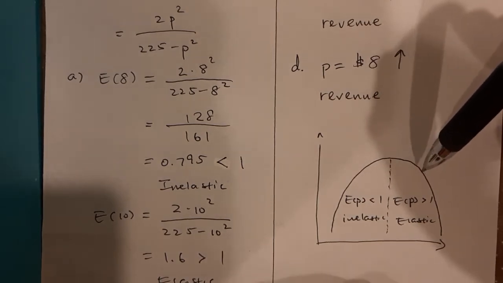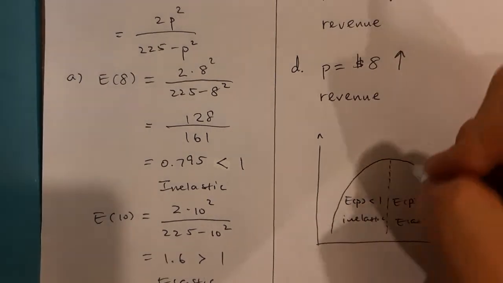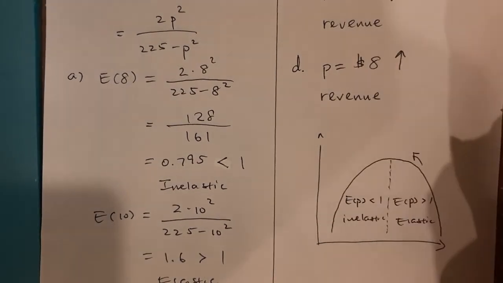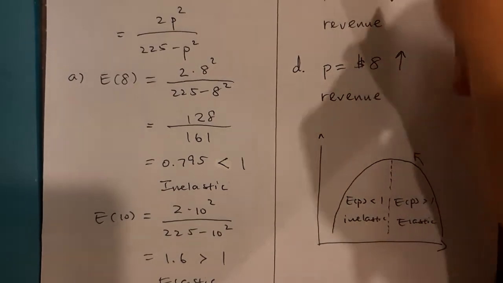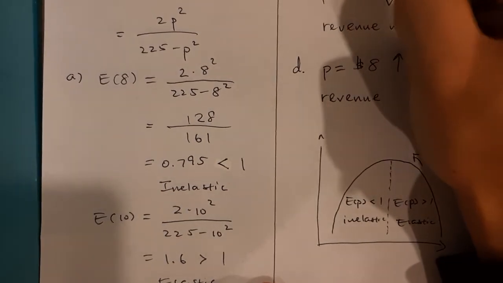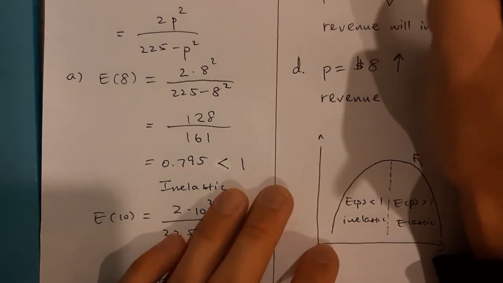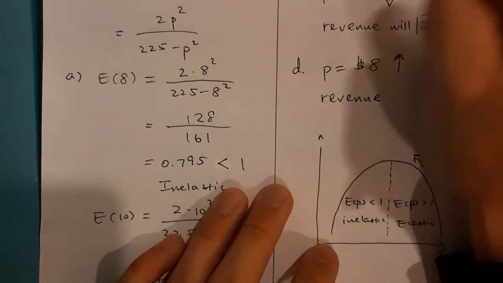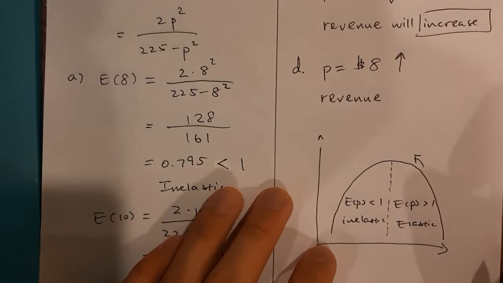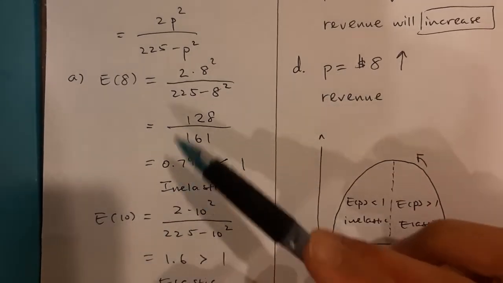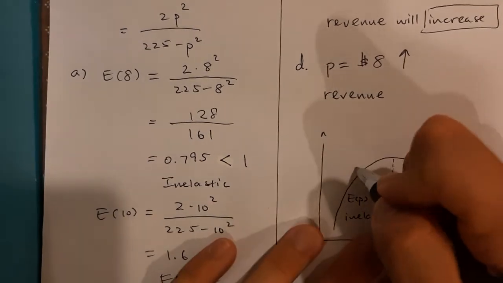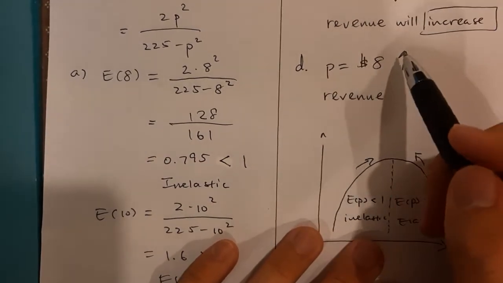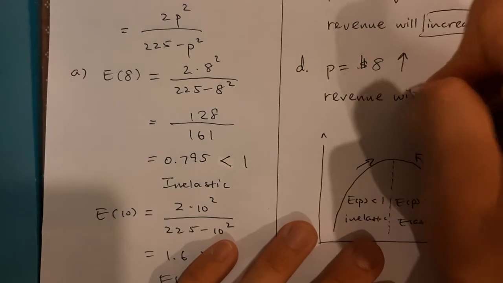So if you decrease the price, that means going to the left. If you decrease the price, that means the revenue will increase. Now for P equals 8, we found earlier it was inelastic. It's on this side. And if you increase the price, then the revenue will increase.